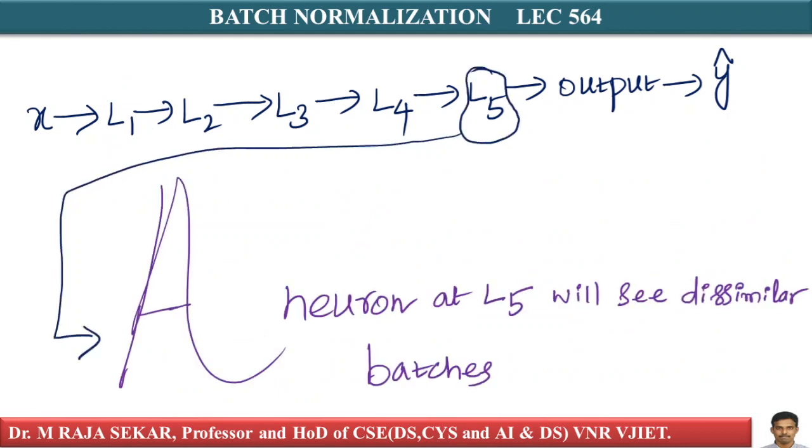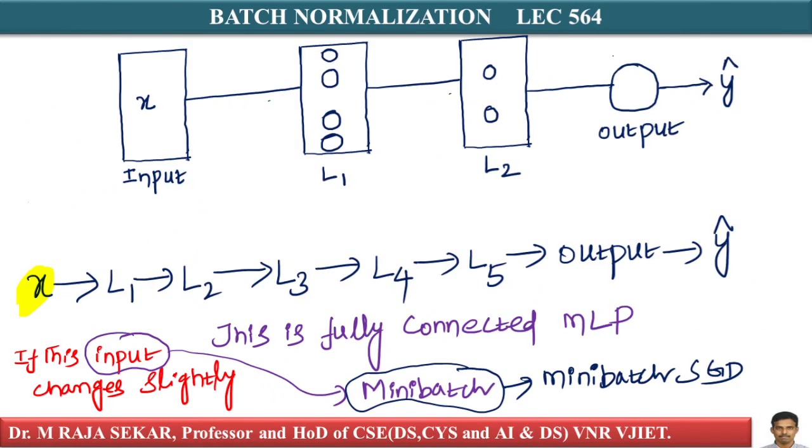Which means that the data is not normalized. Each of the neurons here can be thought of as a model. For every model, ideally you want your data to be normalized.